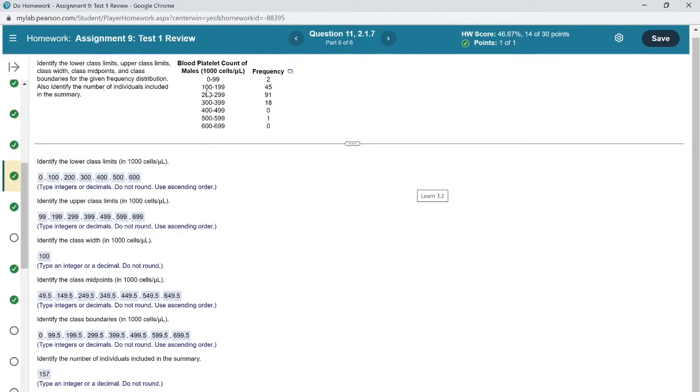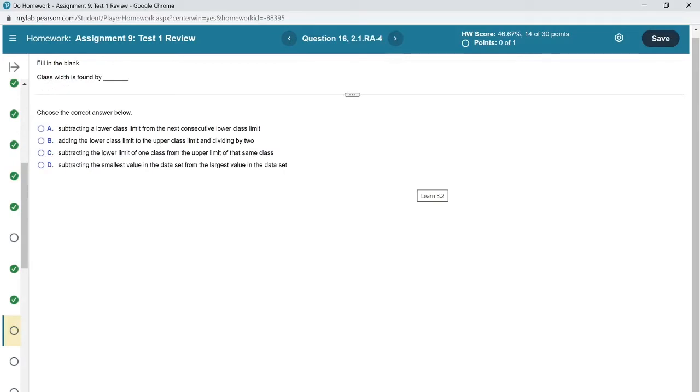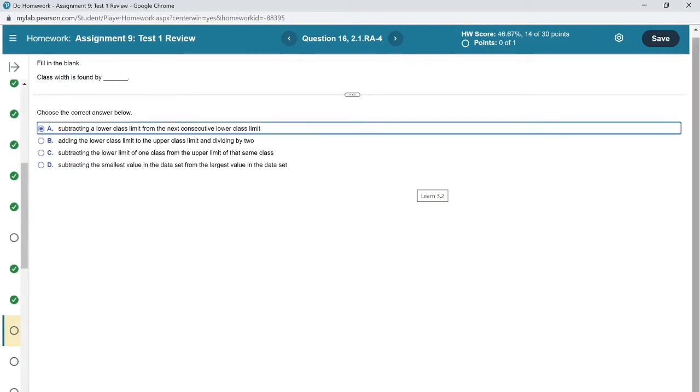The difference between them is 100. So that's how we can find the class width. We can do the same thing by subtracting an upper class limit from the next upper class limit. So class width is found by subtracting a lower class limit from the next consecutive lower class limit. Yes, that is right.